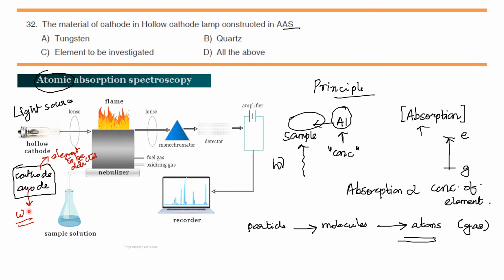Anode will usually be tungsten, and that is the same for all experiments. But the cathode will be different for different experiments. Suppose you want to analyze aluminium, you have to take that element as the cathode. And that is actually what is asked in the question. That is, the material of cathode in hollow cathode lamp is constructed in, the answer is option C, which is the element to be investigated.